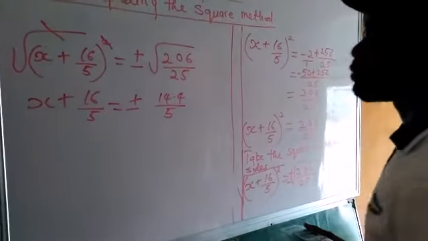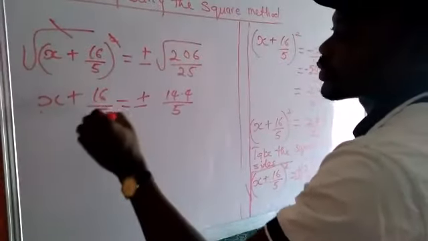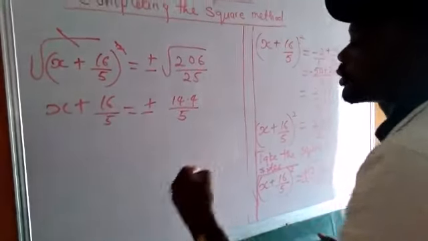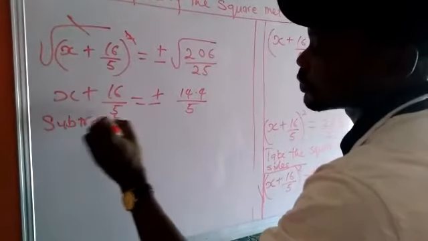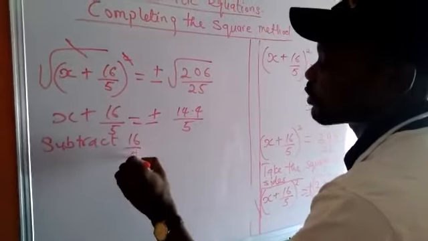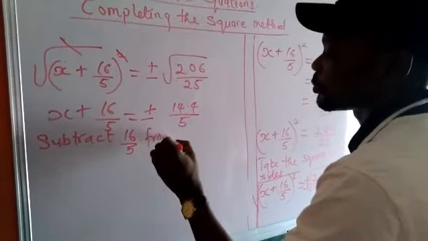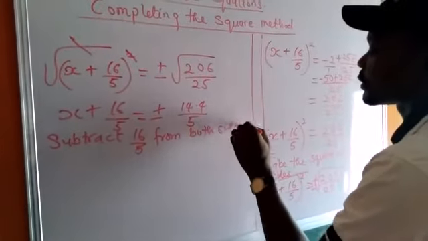So in this regard now, we subtract 16 over 5 from both sides.